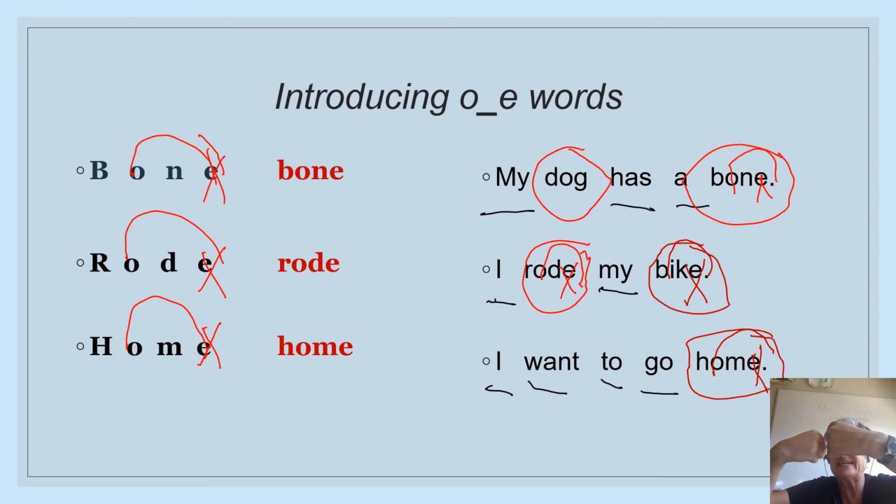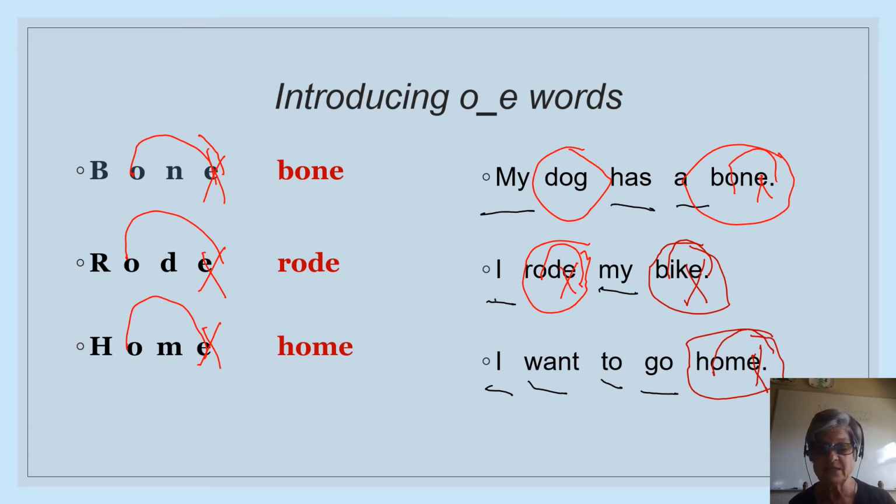Now let's stretch each sound out. Home. Home. The word is home. So let's go to the beginning of the sentence and read it again. I want to go home. Very good job.